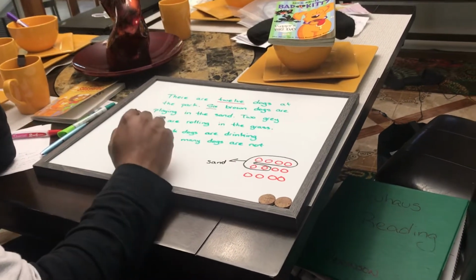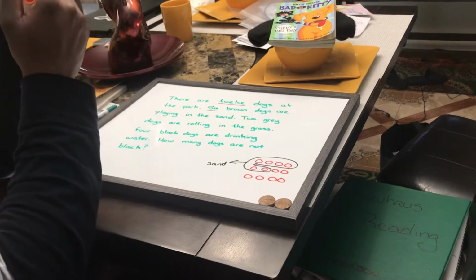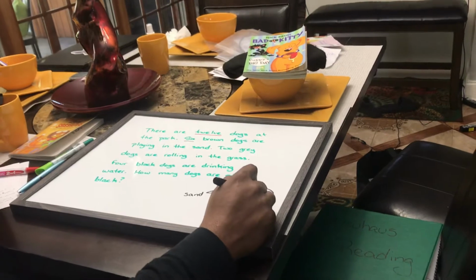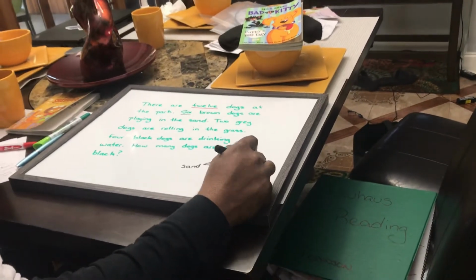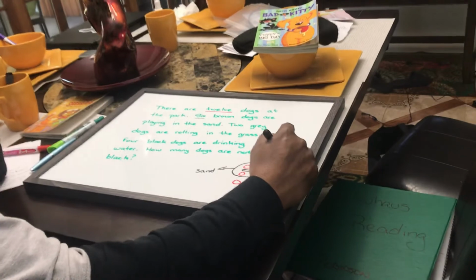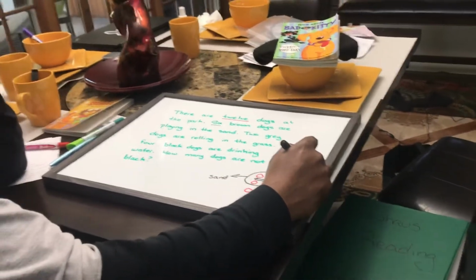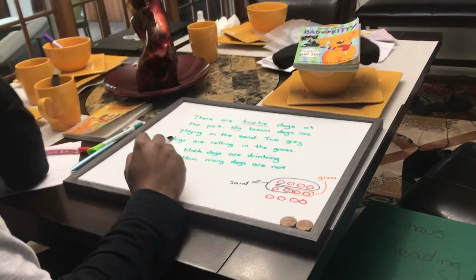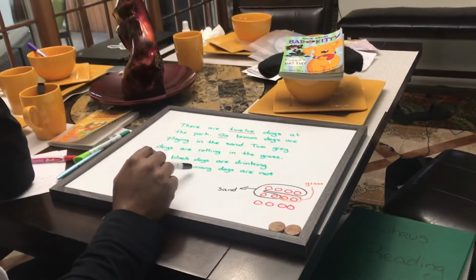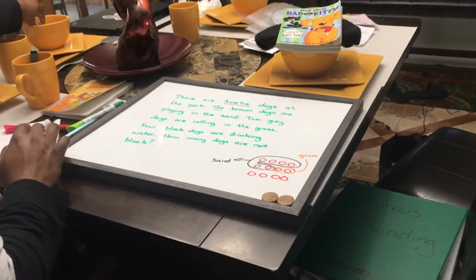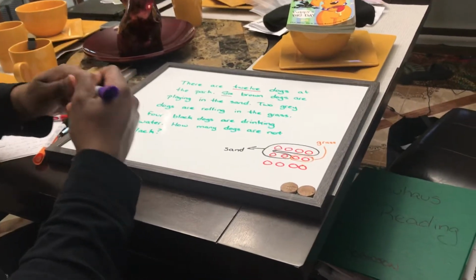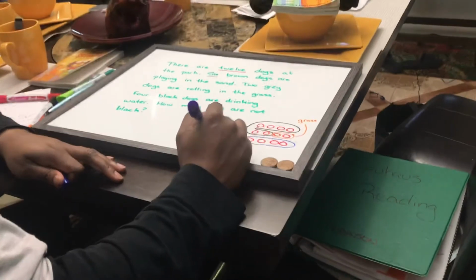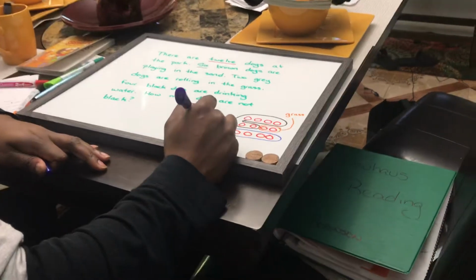Then it says 2 gray dogs are rolling in the grass. So we'll flip that around and we're going to circle these 2 right here. 2 are rolling in the grass. Four black dogs are drinking water. Now, we know that we have our 4 dogs right here. They are drinking water.